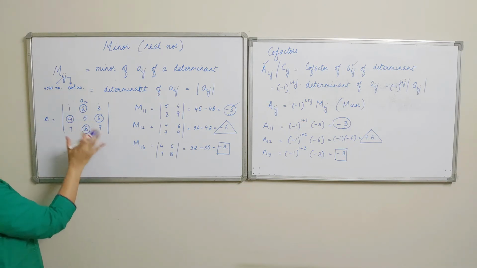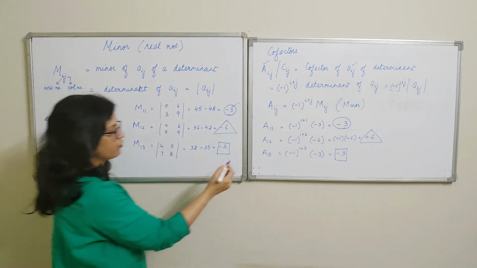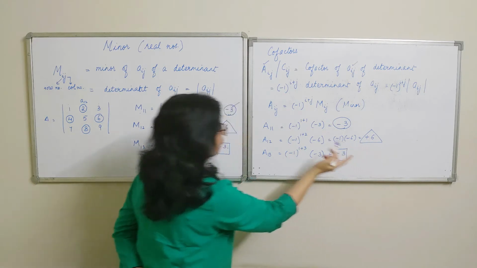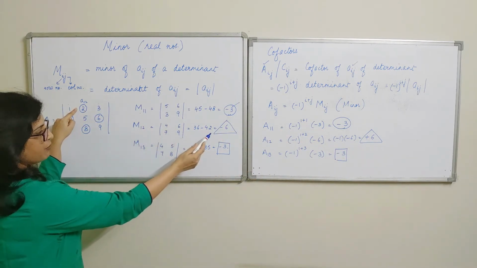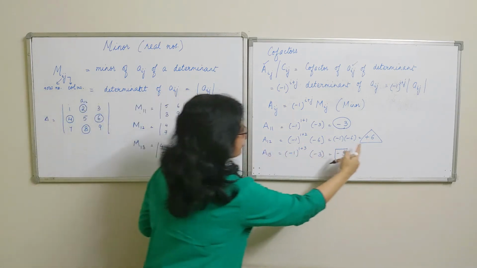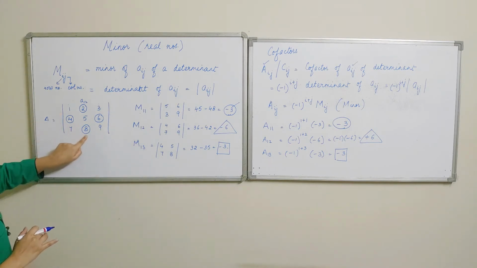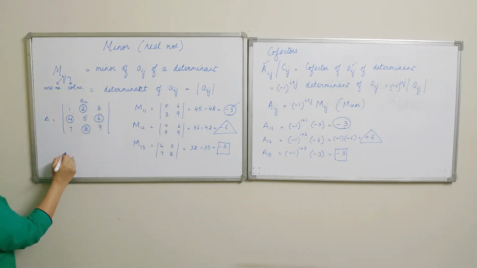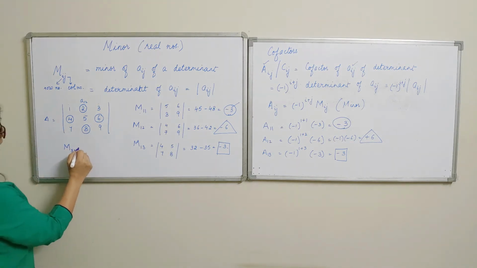Why special? Because when you find the cofactors of these elements, the sign of the cofactor will be different from that of the minor. For example, for this element the minor is -6, and when you find the cofactor it has the opposite sign, that is +6. We can cross check for this case also. The element here is in the third row and second column. Let's find the minor.